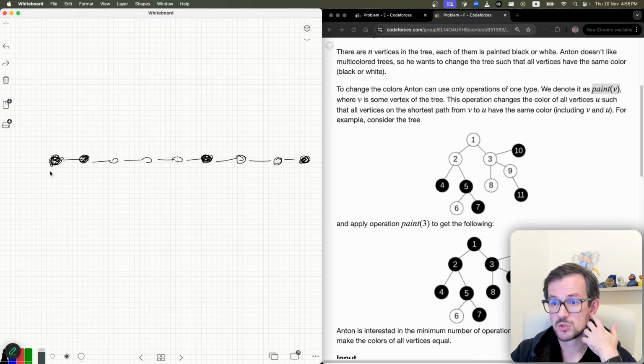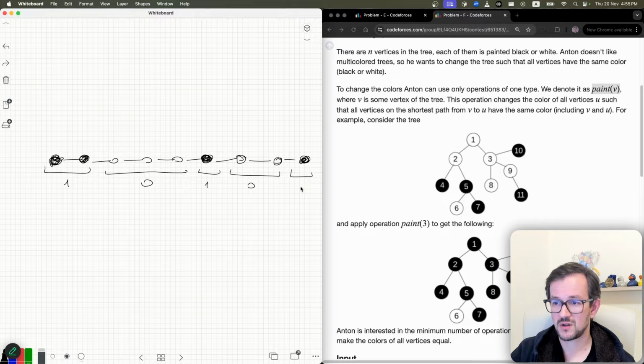So you have a sequence: here I have 1, here 0, 1, 0, 1. In a single operation, you take one of the numbers and replace it with 0. After this, three regions combine into a single region 0.